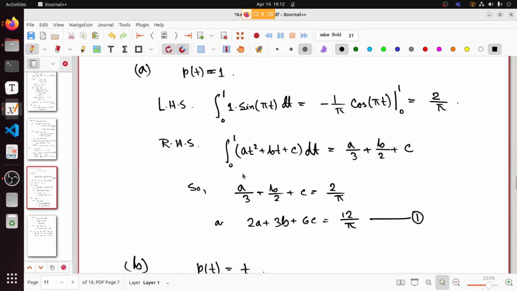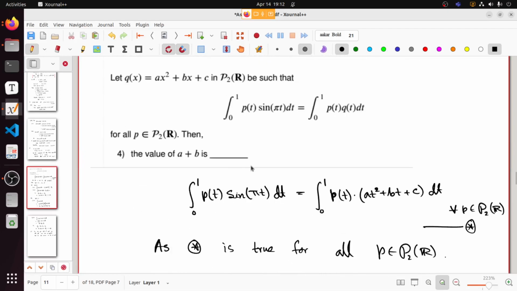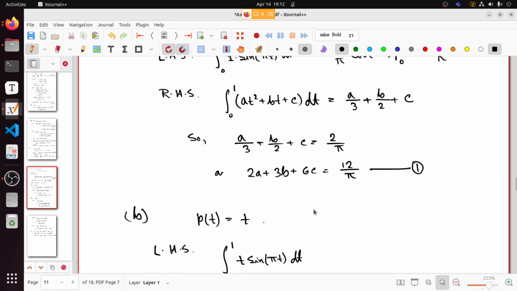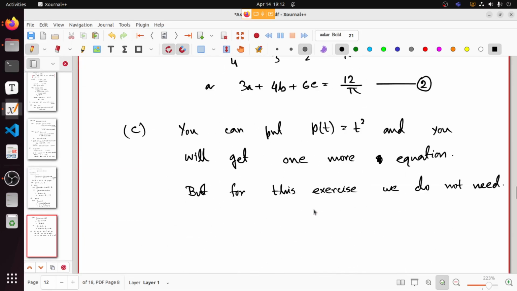So what we have to find is the value of a plus b, right? What is equation 1? 2a + 3b + 6c equals 12/pi.